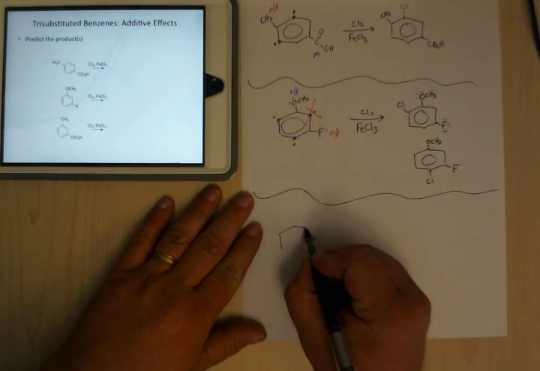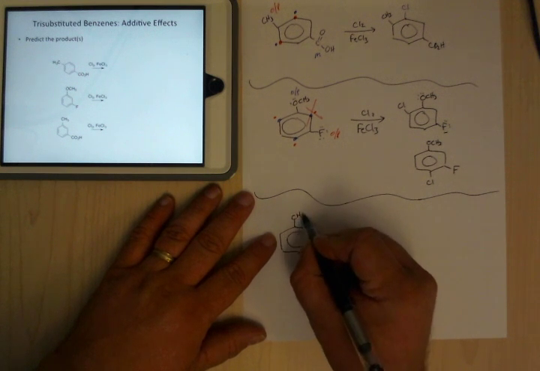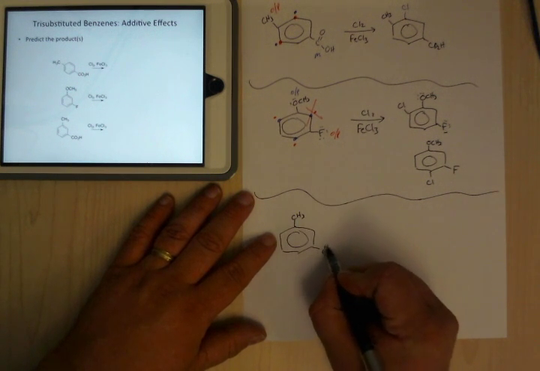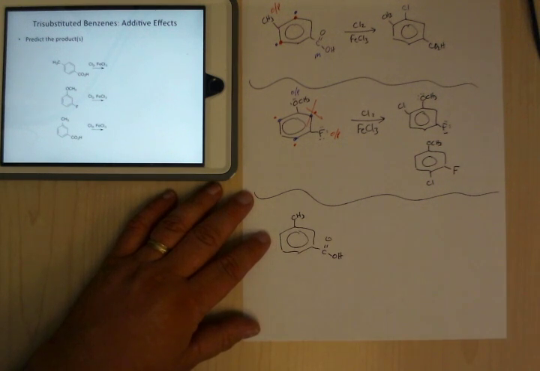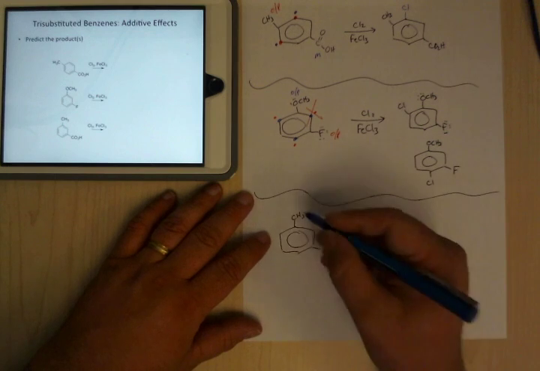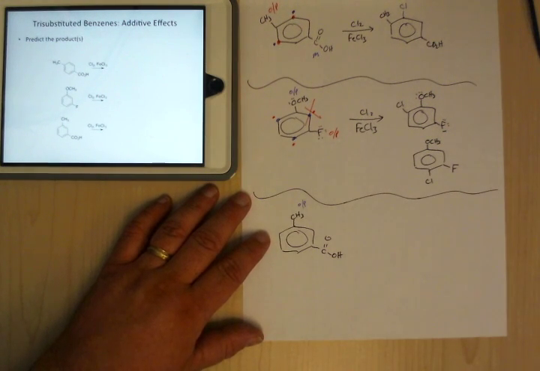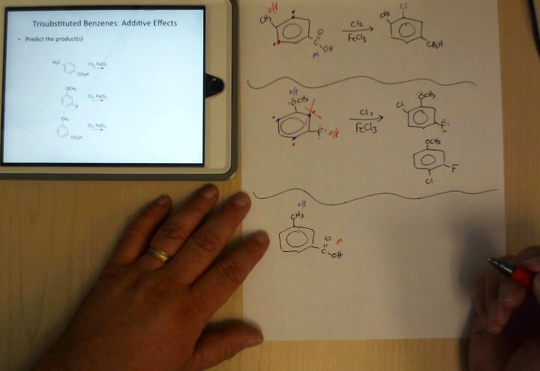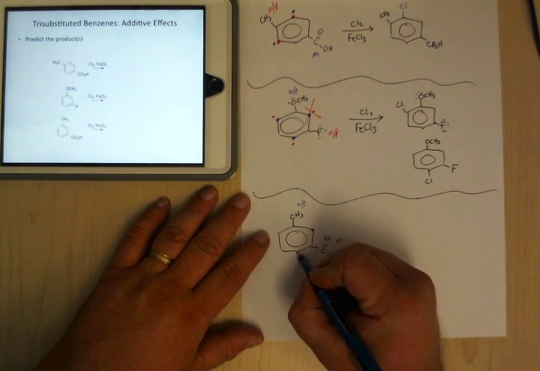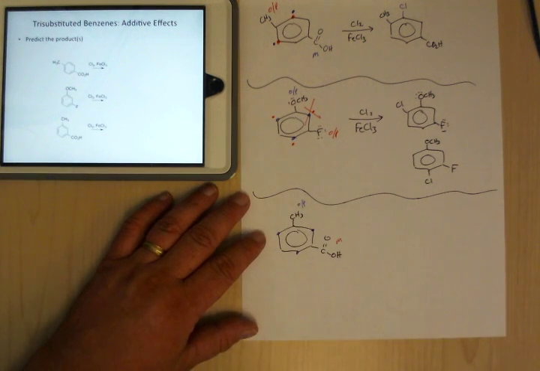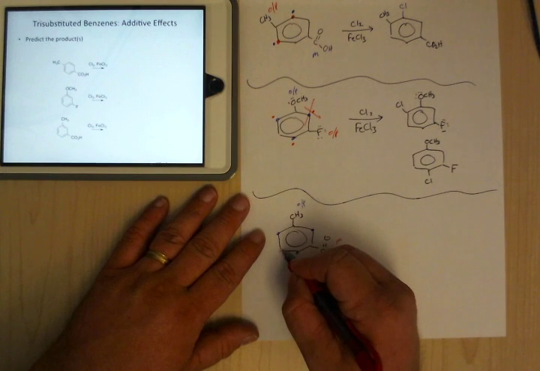So what about this one? Well, what do we have? This is an ortho-para director, but this is a meta director. So ortho-para is going to want to go here, here, and here. But this is a meta director, so it's going to want to go, well, it can't go there, but it's going to want to go there.